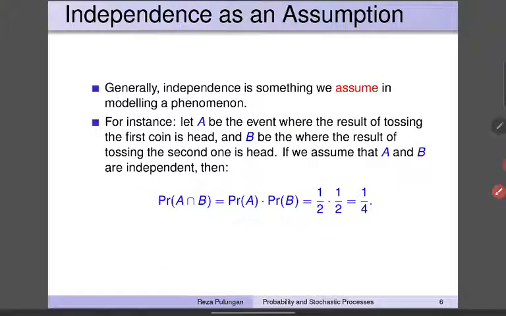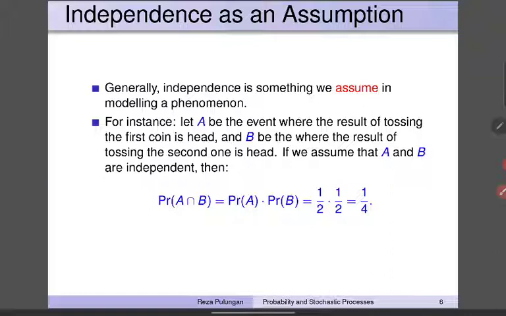Okay, now the definition is good right now if we would like to use it to verify whether two events are independent. But independence is not just a fact, it can also function as an assumption. So we assume independence on the part of the phenomenon that we look at, on the part of the events that we are modeling. Generally, independence is something we assume in modeling a phenomenon.